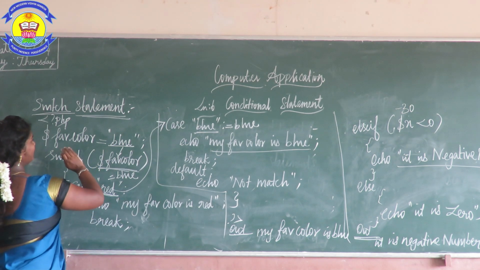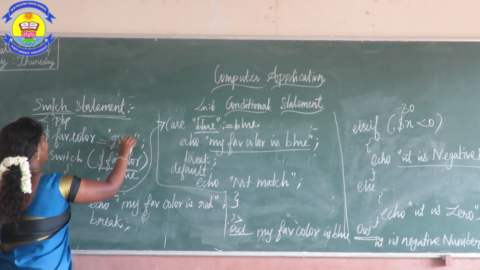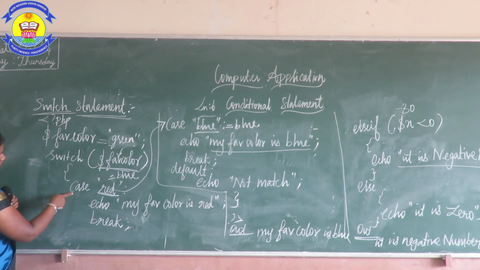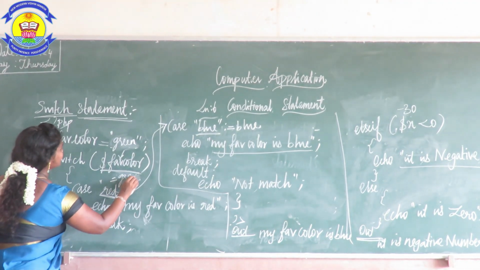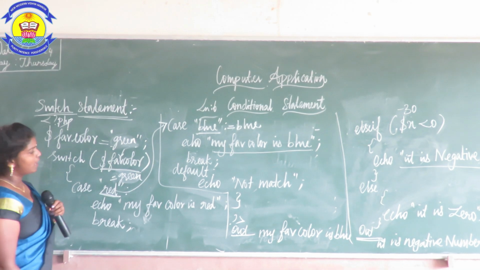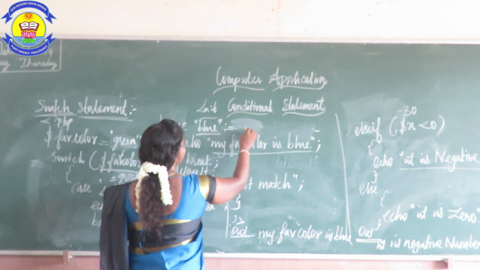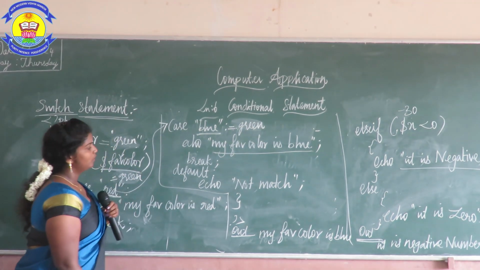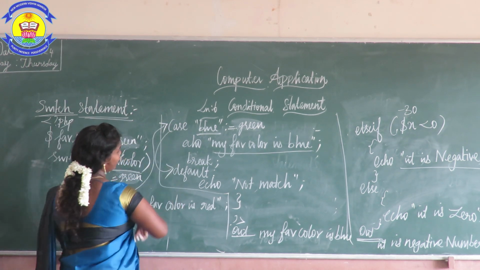So if I give my value as green, what happens? The first block checks red is equal to green. It is not matching. Again it will move to the next block. Blue is equal to green, it is also not matching. In that case it will execute the default block.